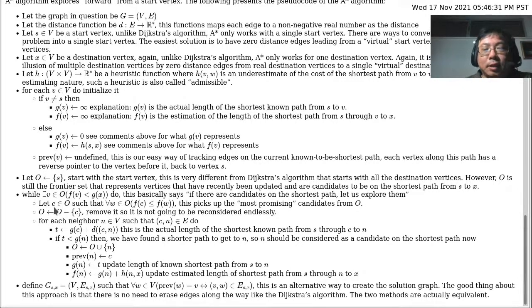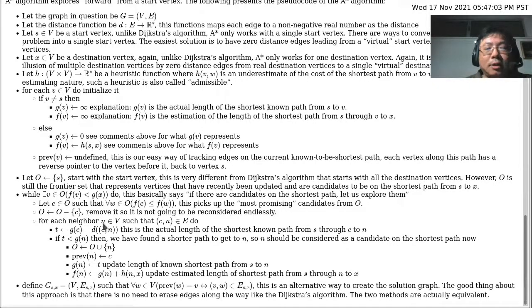Once we have selected a particular vertex to expand, we remove it from the set O, otherwise we can get into an infinite loop situation. Then this time, instead of looking at all the incoming edges to the vertex that we have selected, we look at all the outgoing edges from the vertex that we have chosen.